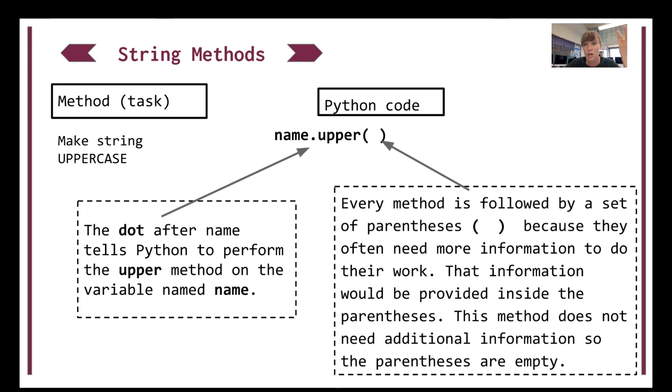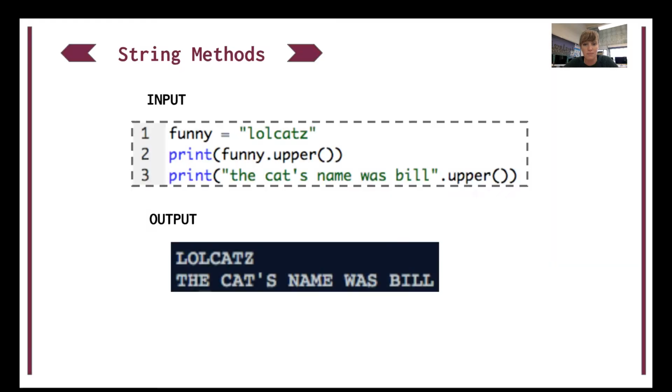It looks strange because you wonder why you have to add these parentheses if you don't need them. But sometimes you do. Like if I have an object and I want to tell it to turn right, I would say right, and I would give it an angle measurement inside the parentheses. But for this one, we don't need it. So it's just name.upper, open and close parentheses.